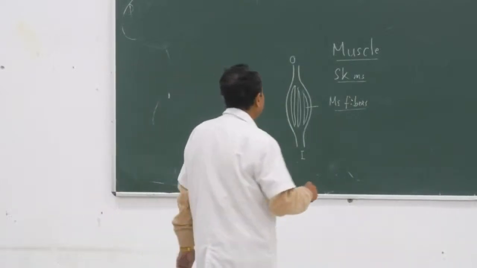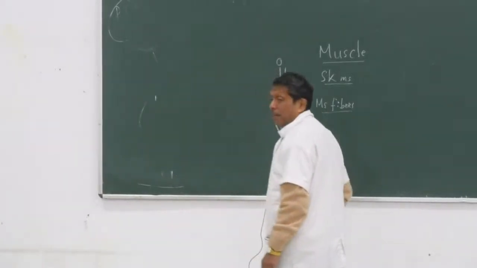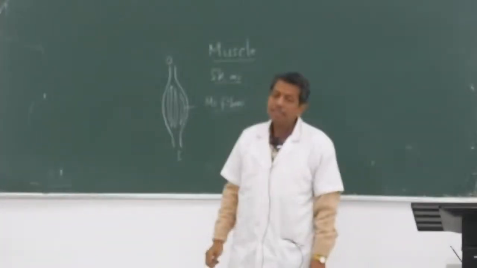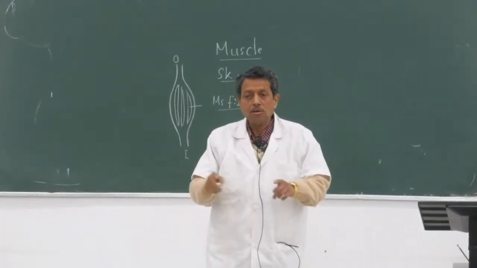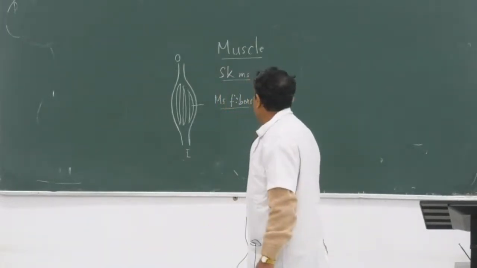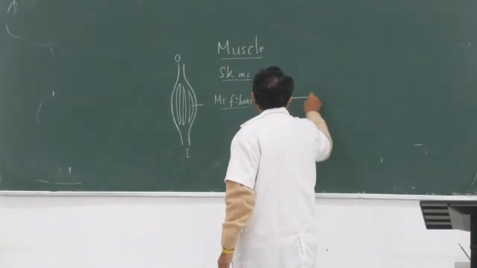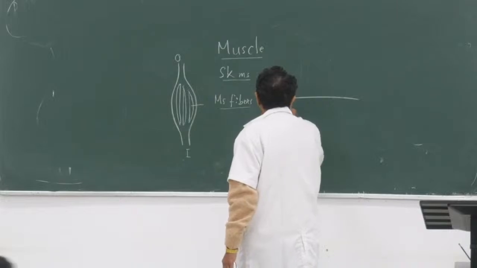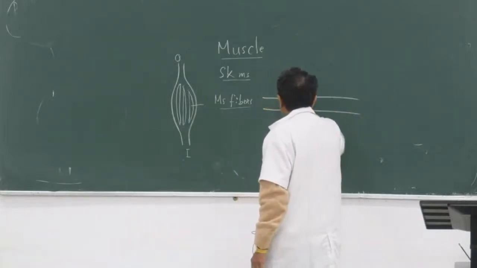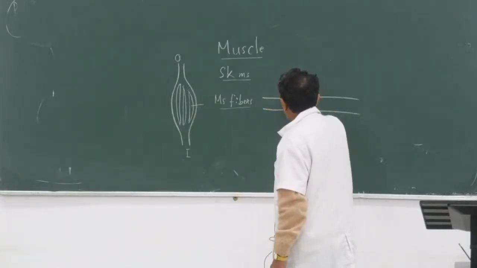Now this muscle fascicle composed of muscle fibers. Muscle fibers are really cells. They are elongated in structure and they are multinucleated and they have striations.